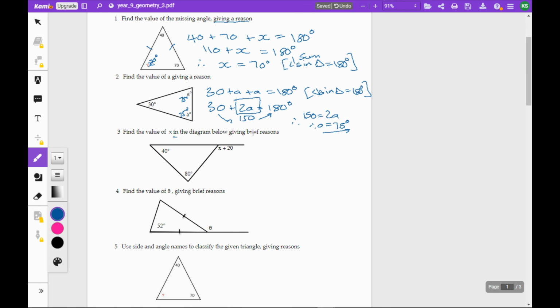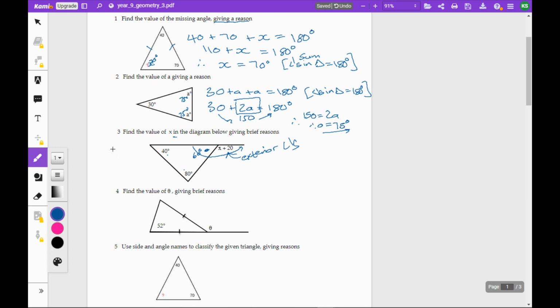Find the value of x in the diagram below. This angle here is known as the exterior angle. There's two ways to work this out. You could either work out this angle first, and then take angles on a straight line add up to 180, or you could use the exterior angle theorem. Now, 40 plus 80 equals 120. 120 plus 60, this angle is actually 60 degrees because it adds up to 180.